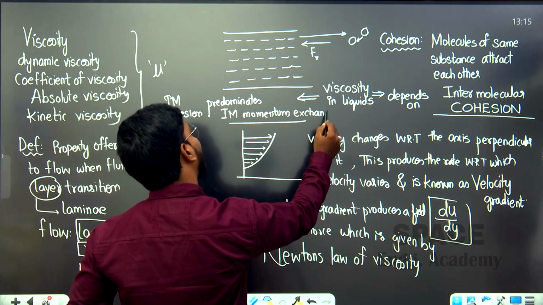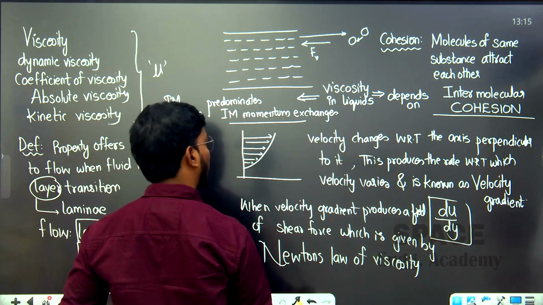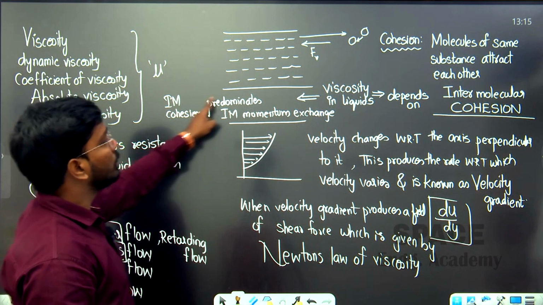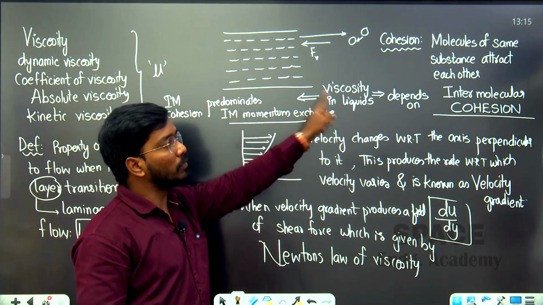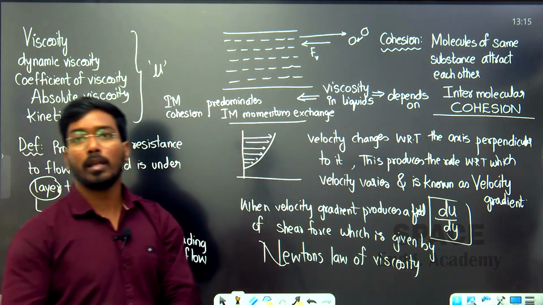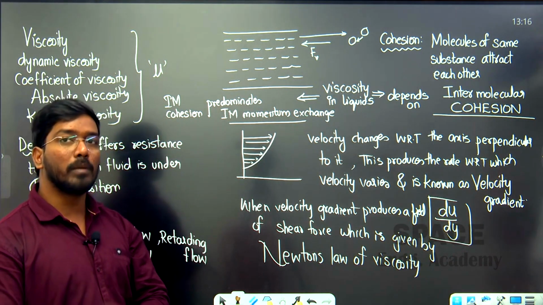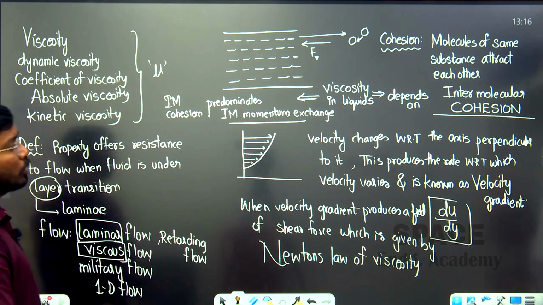In case of gases, intermolecular momentum exchange will be more. This point is also important. Intermolecular cohesion predominates over intermolecular momentum exchange in case of liquid. In case of gases, intermolecular cohesion is not going to have that effect in comparison with the intermolecular momentum exchange. Go through it.